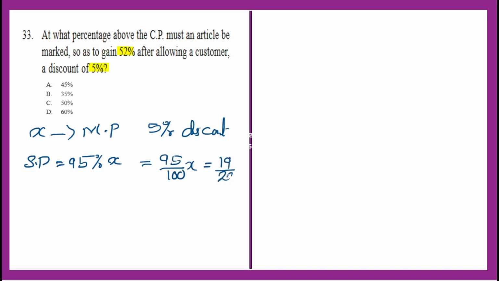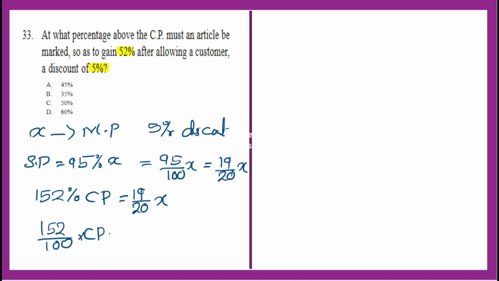For the sale price, gain is 52% implies 152% of CP equals 19 by 20x. That is 152 by 100 times CP equals 19 by 20x.